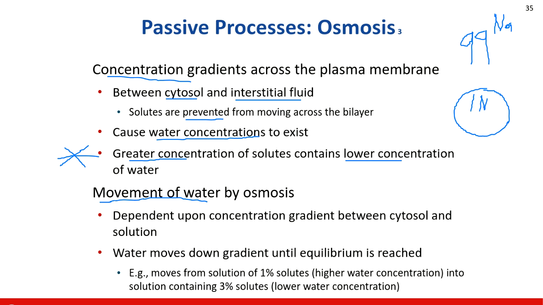So I've got more sodium outside the cell than inside the cell. I have a greater concentration of sodium outside the cell than inside. Going back to this statement, greater concentration of solutes contains a lower concentration of water.